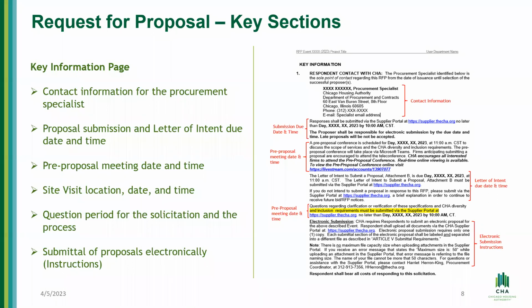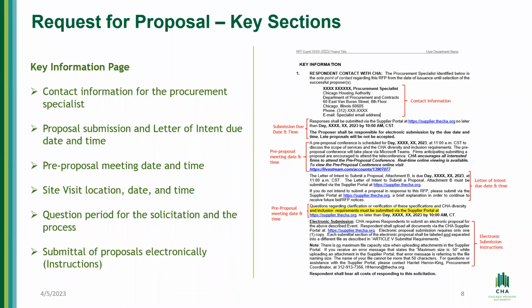I'll include a flyer at the end of this presentation to give you details about the time and the address where this training is going to be facilitated. And this is going to be pretty much about how to register and also how to navigate, meaning how to respond to an event, how to respond to an RFP. And this training is going to be next Monday.